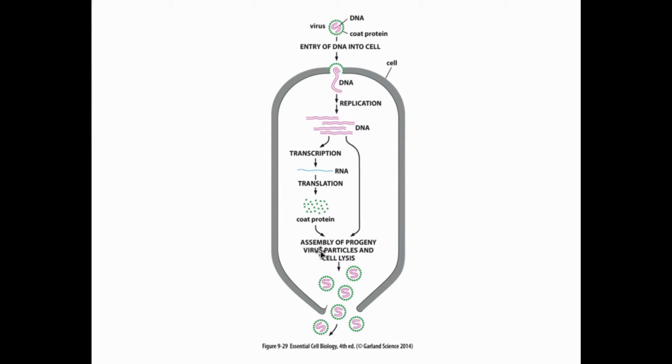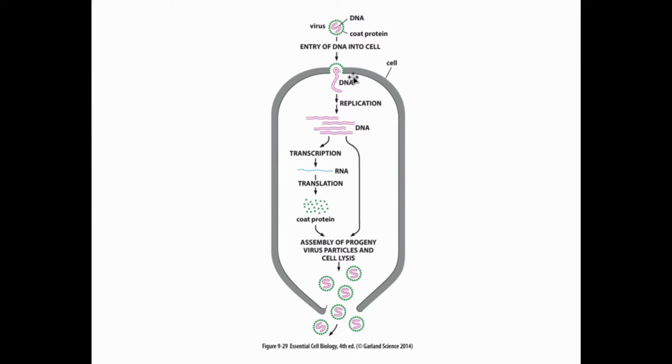That DNA then takes over the machinery of the cell for making proteins and copying DNA. Subsequently in the life cycle, the DNA and the proteins are combined to form the progeny viruses, which are then released from the cell, enabling the life cycle to continue.